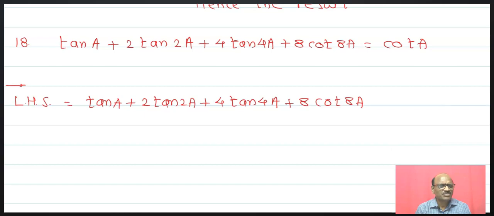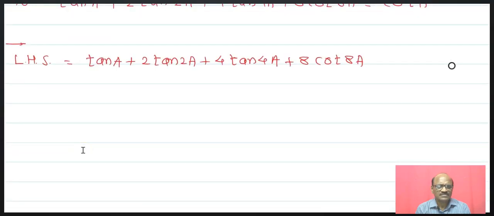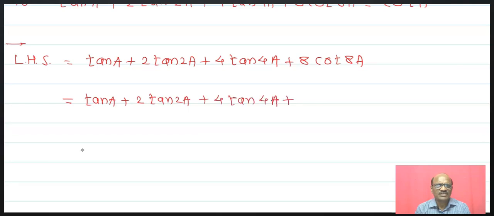Therefore, its reciprocal: cot of 8A means what? 1 upon tan of 8A. Tan A plus 2 times tan of 2A plus 4 times tan of 4A plus 8 upon tan of 8A.